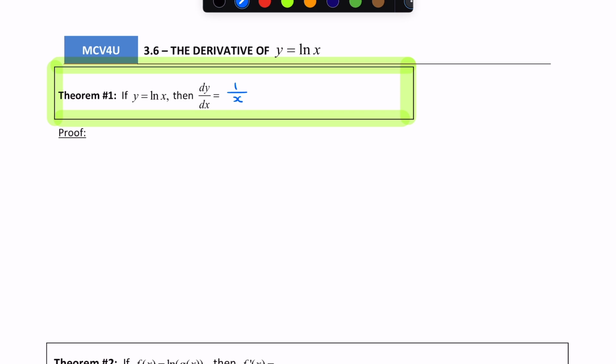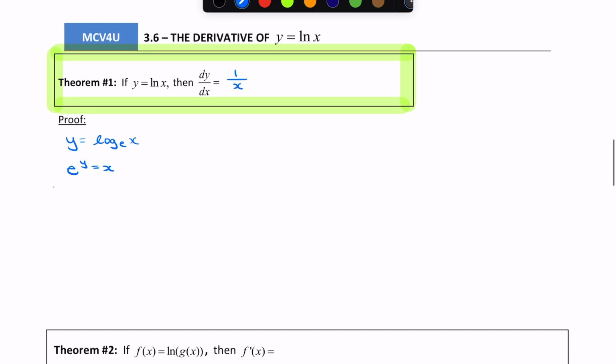Here, if we have y is equal to log base e of x, which is what we're looking at when we're looking at the natural log, then e to the y is equal to x, and here we can use implicit differentiation.